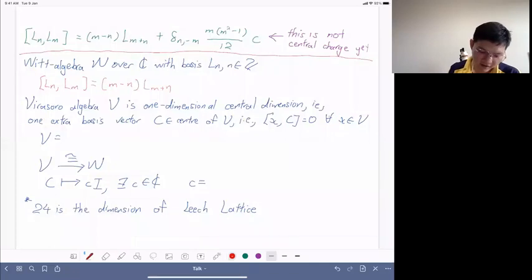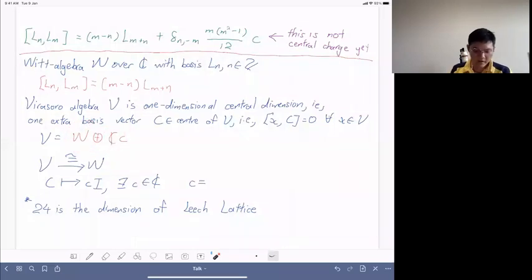Okay, it's a central extension of the Witt algebra, which means V is equal to W plus C. So this C is central in V. So this C will commute with everything in V. And so you can see that if you send this C to 0, you can recover the Witt algebra.